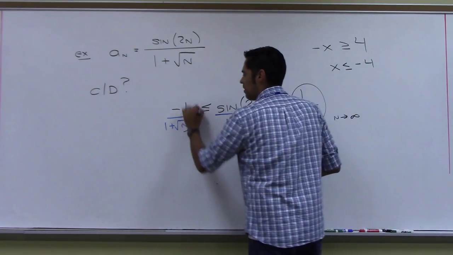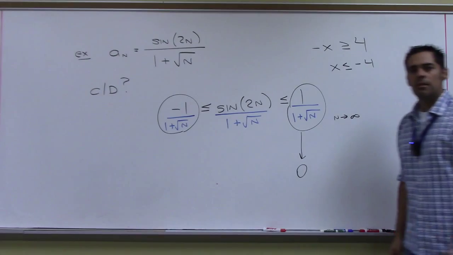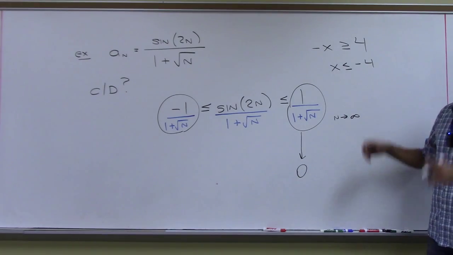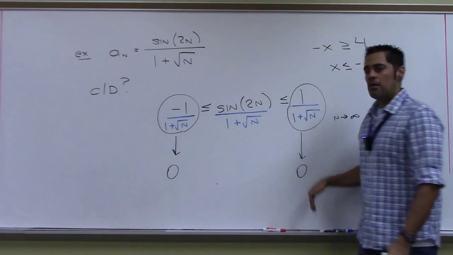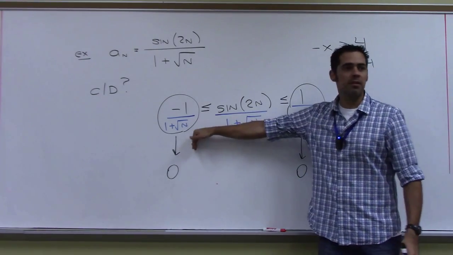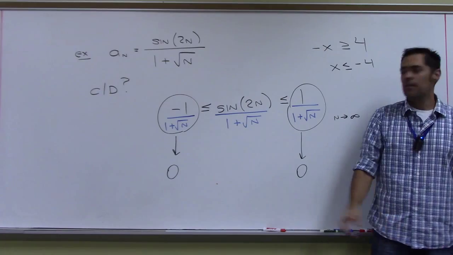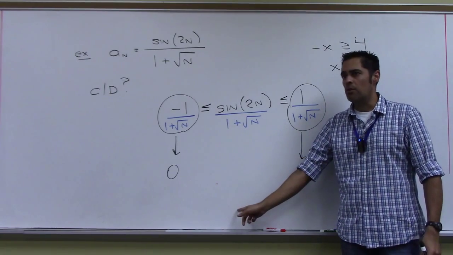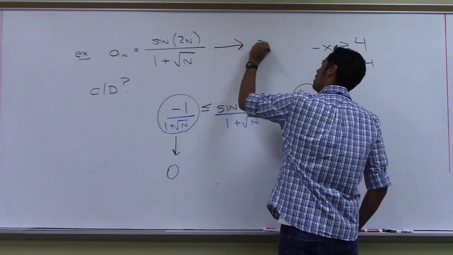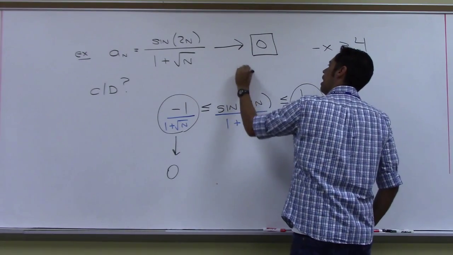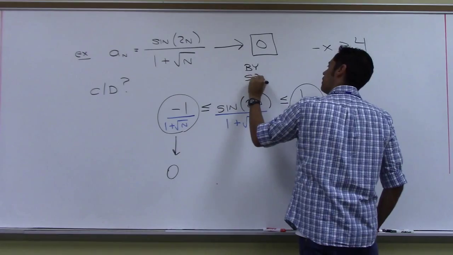Over here, don't we get the same exact thing? The top is -1 over something that gets huge, that goes to 0. And by the squeeze theorem, if these two sequences go to 0, then the one in the middle must also follow it to 0. So the answer here would be that this converges to 0 by squeeze theorem.